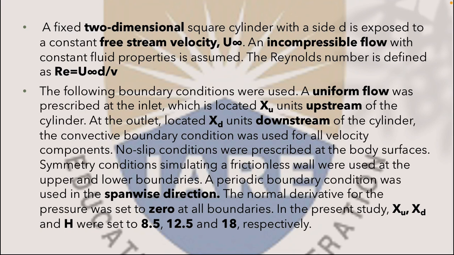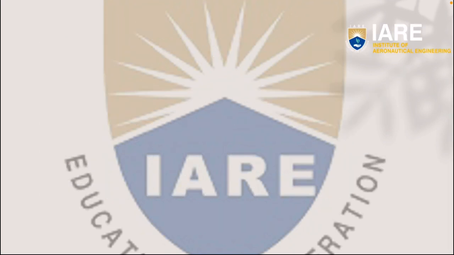Symmetric conditions simulating a frictionless wall were used at the upper and lower boundaries. Periodic boundary conditions were used in the span-wise direction. The normal derivative for the pressure was set to 0 at all boundaries. In the present study, XU, XD and H were set to 8.5, 12.5 and 18 respectively.